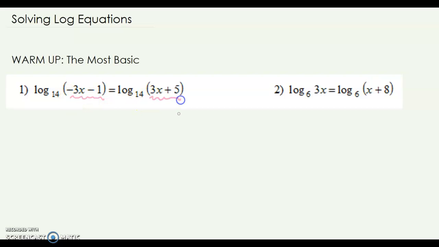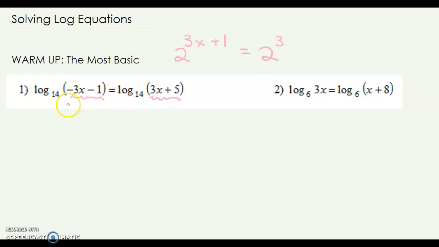If you think about it, this is really similar to that situation we found with exponential functions when we had, let's say, 2 to the 3x plus 1 equals 2 to the third. If we have a base to the stuff equals the same base to the stuff, those stuffs have to be equal to each other.